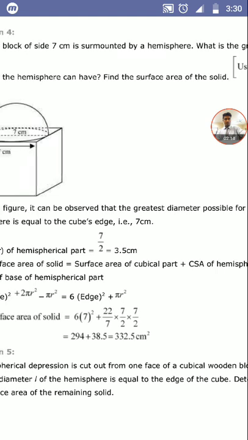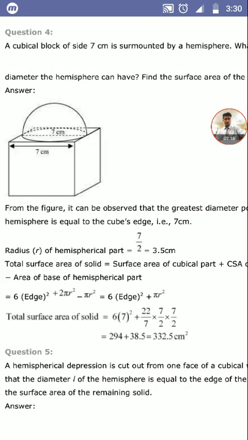So the total surface area will be the lateral surface area of the hemisphere and the surface area of the cubical box. So for the cubical box, you know, it's 6s square, and the curved surface area of the hemisphere is 2 pi r square, minus you have to do the pi r square part because it's beneath.